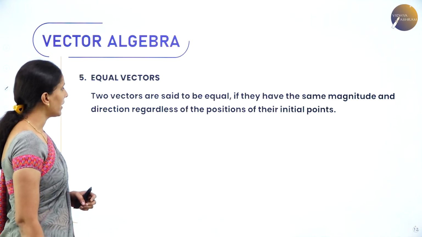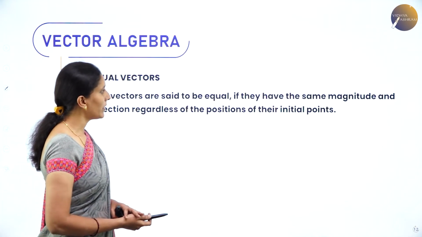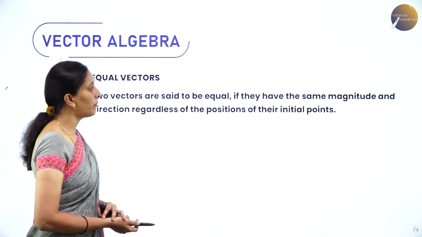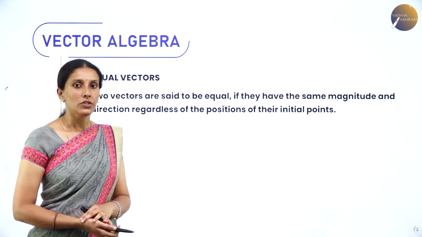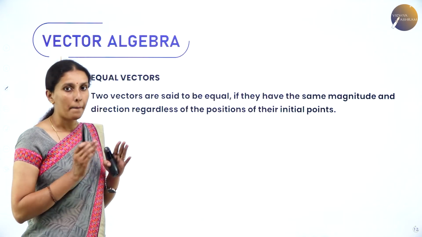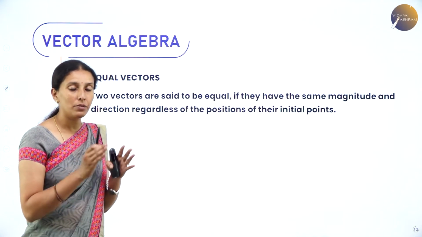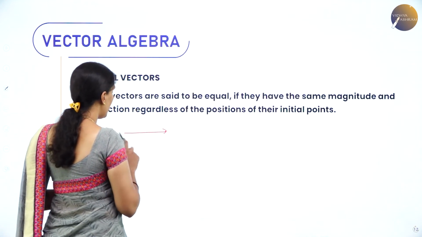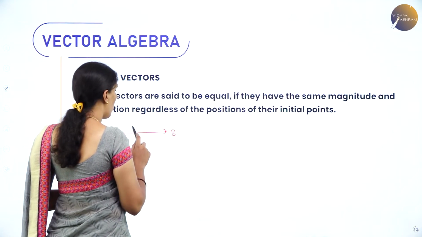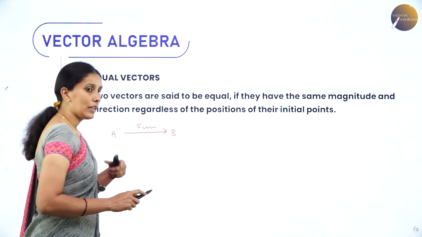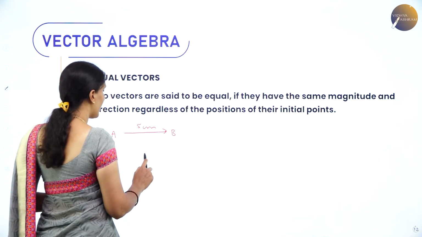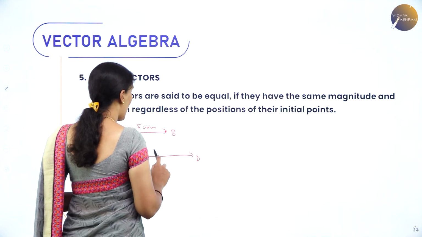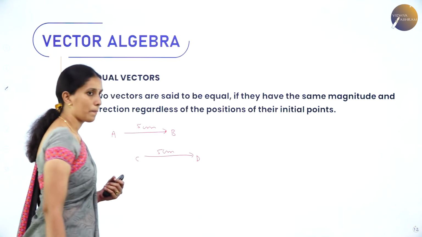Next, equal vectors. Two vectors are said to be equal if they have the same magnitude and direction regardless of the position of their initial point. Their initial points may differ, but their magnitude and direction must be the same. If I take a vector AB of 5 centimeter, then the initial point of the other vector may be somewhere else, but the direction must be the same and the magnitude must be the same.